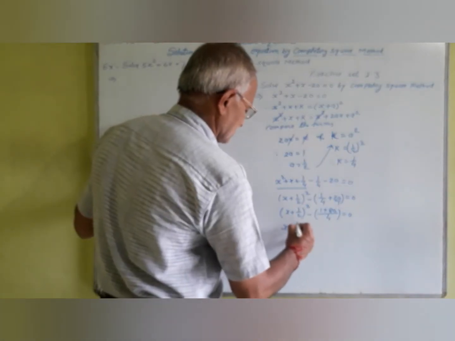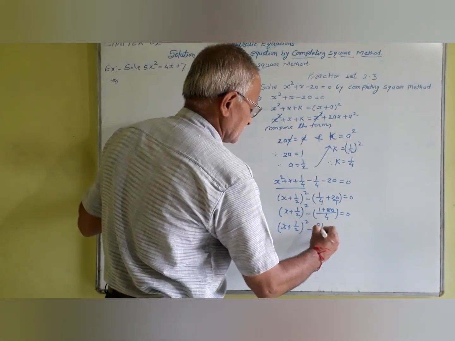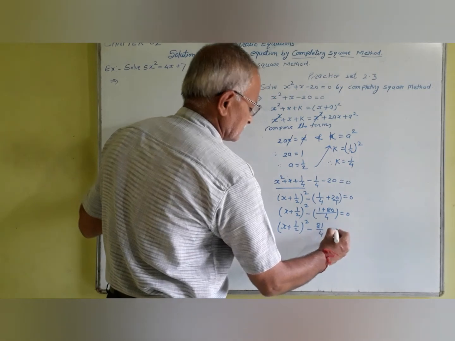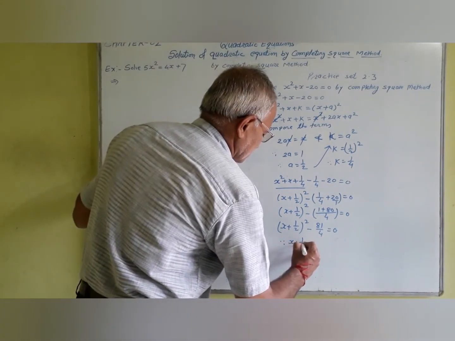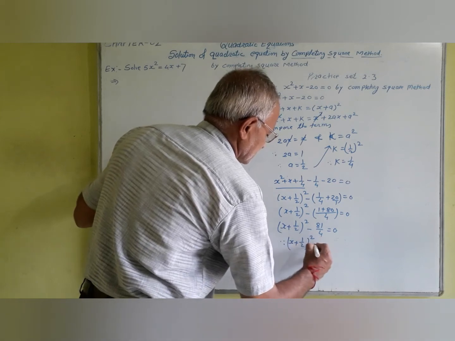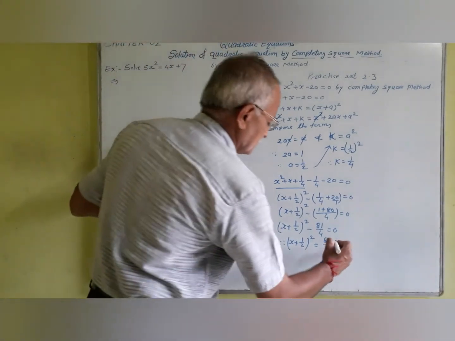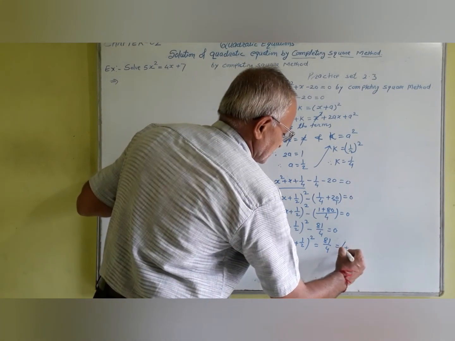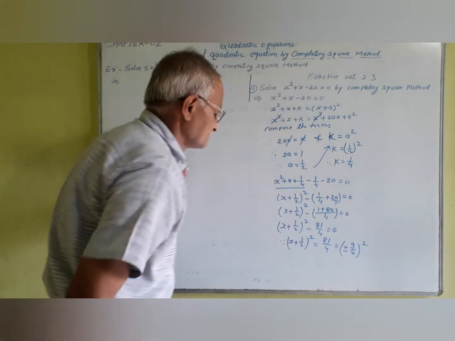Therefore, (x + 1/2) whole square minus 81/4 is equal to 0. Therefore, (x + 1/2) whole square is equal to 81/4. 81/4 is a perfect square of plus or minus 9/2 whole square.